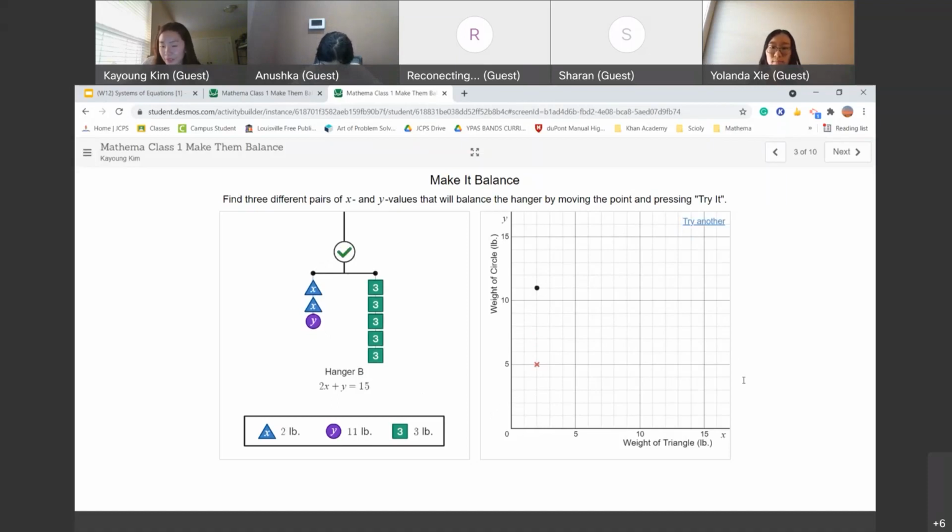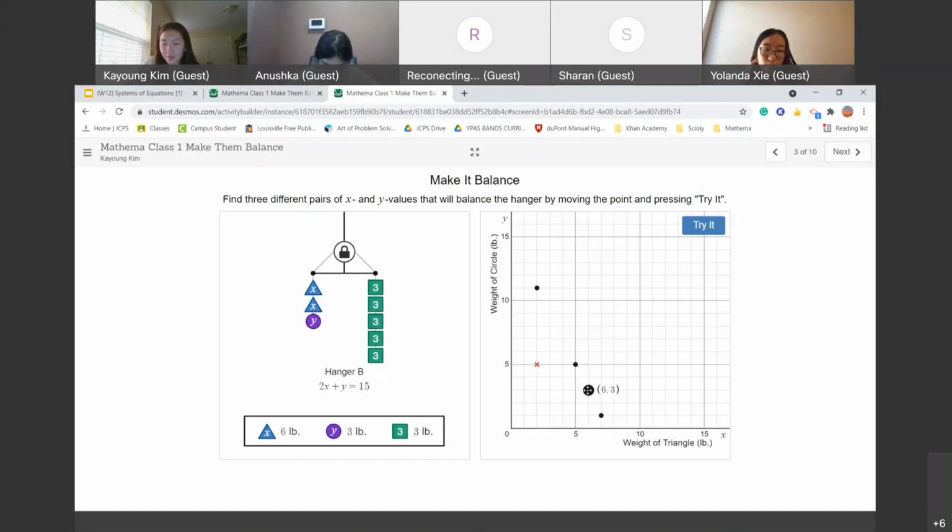Okay, so somebody told me 7, 1. Let's see if that works. 7 is right here, and a 1. That also works. Interesting. 5 and 5. Okay, let's see if that works. That also works. So if you see a pattern, maybe this is in some kind of line like this.